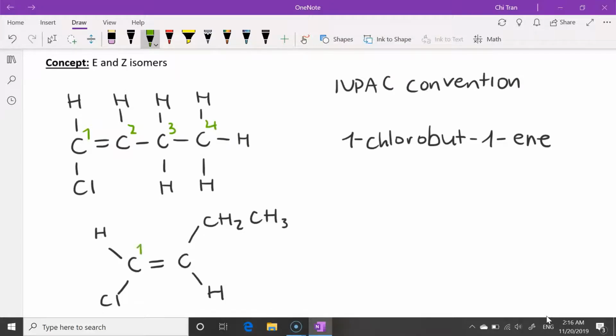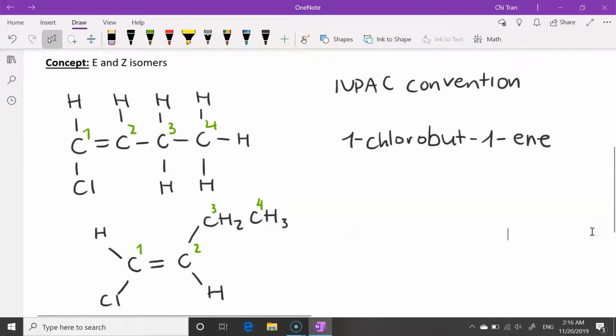And in the second one, I'm also going to number the carbons. So you can see the first carbon is bonded to a hydrogen and a chlorine, and the first is bonded by a double bond to the second carbon. The second carbon is bonded to the H, and then the ethyl group, which includes the third and fourth carbon, is then simplified to something like this on the second diagram.